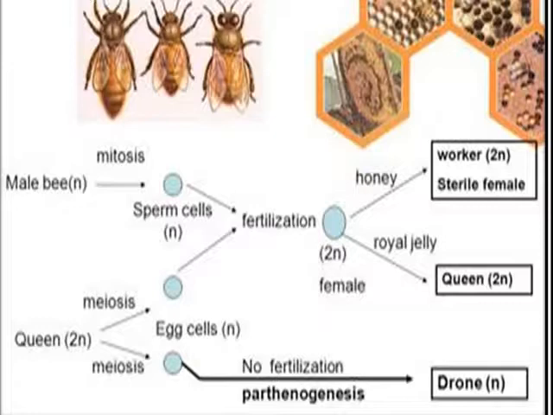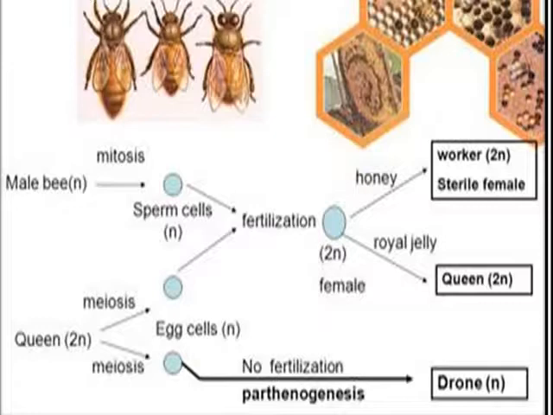Now what happens? First we will take a male bee. The male bee is the drone, which has n number of chromosomes. Now what will it do? It will go through mitosis and will produce a haploid sperm. Now what does this sperm do? The queen will go through meiosis and it will produce eggs that will have n number of chromosomes.